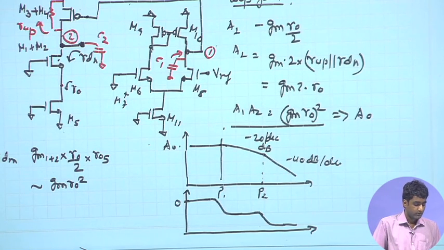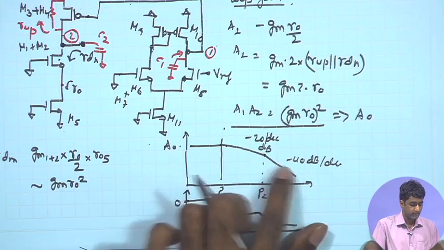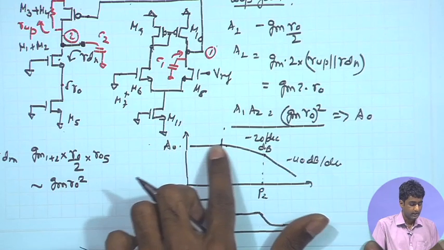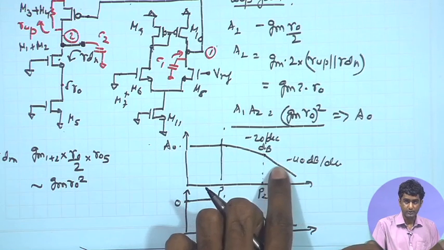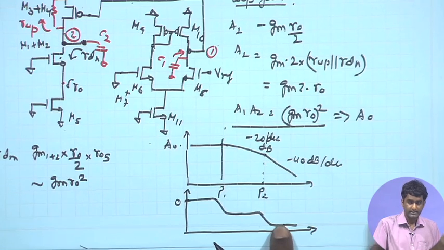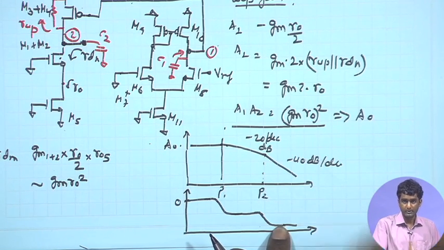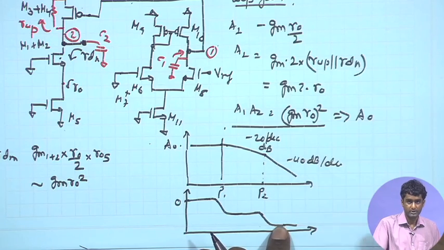So we need to make sure that at the 0 dB crossing point, the frequency at which the gain drops to 0 dB, that is the unity gain frequency, the phase is sufficiently lower than 180 degree. Lower means from a magnitude point of view, it is lower than 180 degree, or more positive than minus 180 degree.